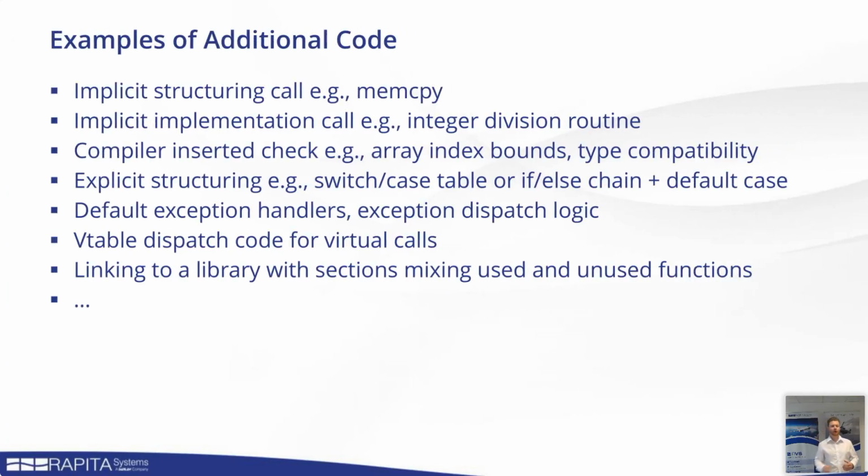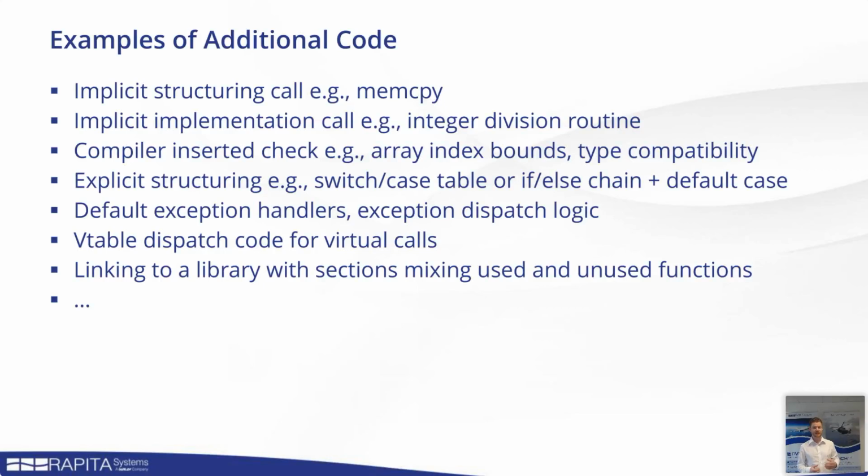So there are a number of broad categories of where this additional object code comes from that doesn't necessarily correspond directly to the source code. For example, the compiler may insert calls to functions like memcpy, and I'll show you an example of that very shortly. There may be additional code that performs certain basic operations for purposes of optimization, such as division routines.